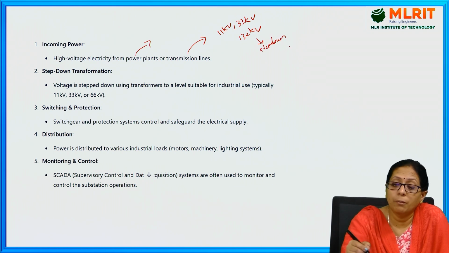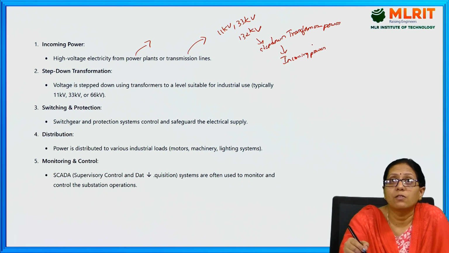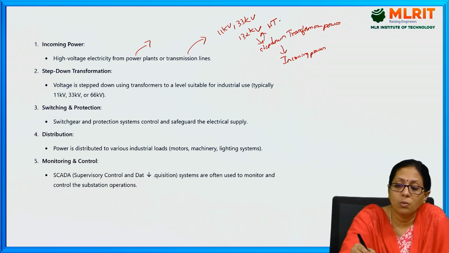We need to step down by using a transformer, mostly a power transformer, to reduce the voltage based on the industry or the factory. So, this is nothing but the incoming power which is being taken from the transformer, which is again connected to the high tension wires.